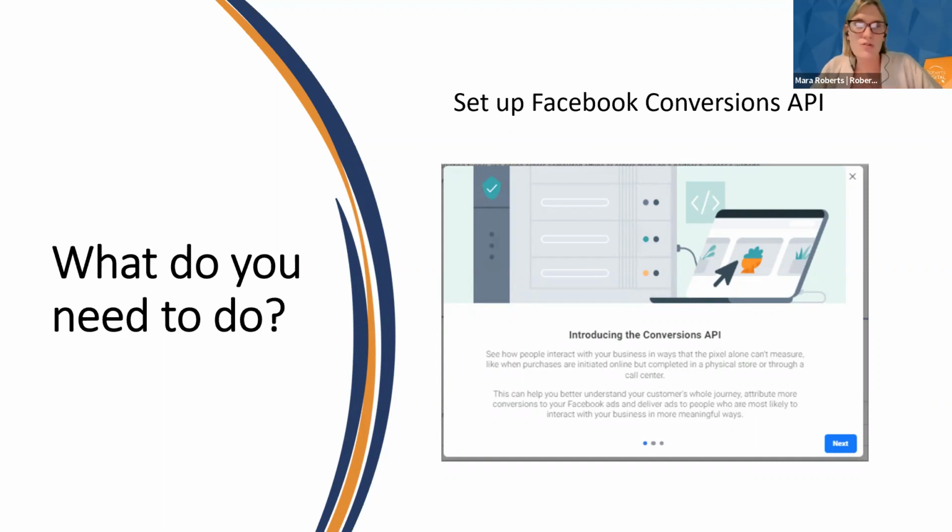So when you go through the setup, you'll have to install software onto your website and onto your server. And so there is a little bit of technical setup involved in doing it, but it means that all of your conversions will no longer be relying on the cookie code to pull data through, but it'll be pulling it through on the server side of your website.